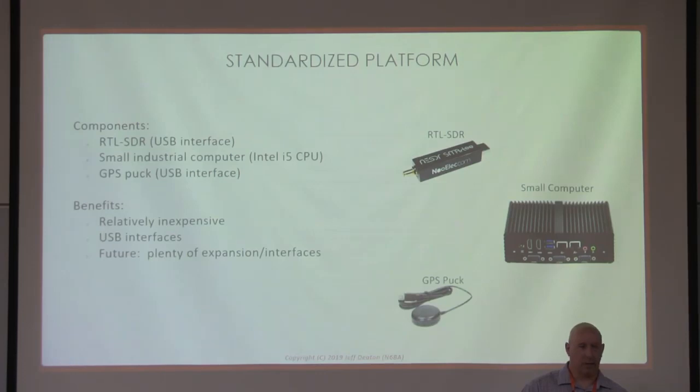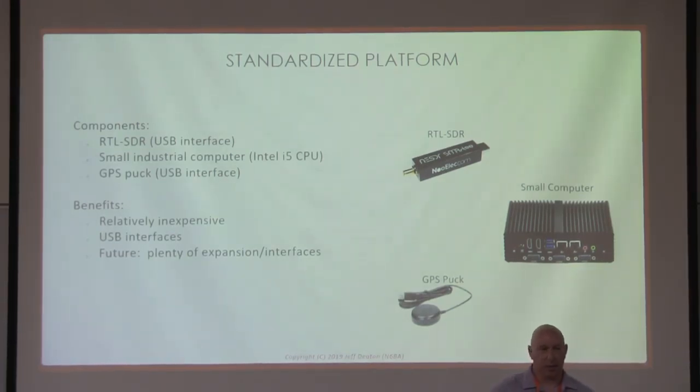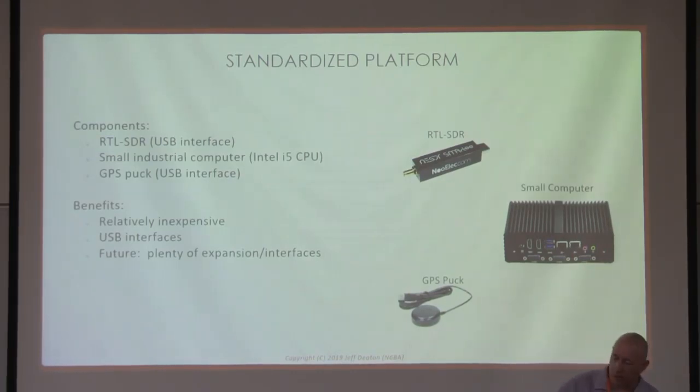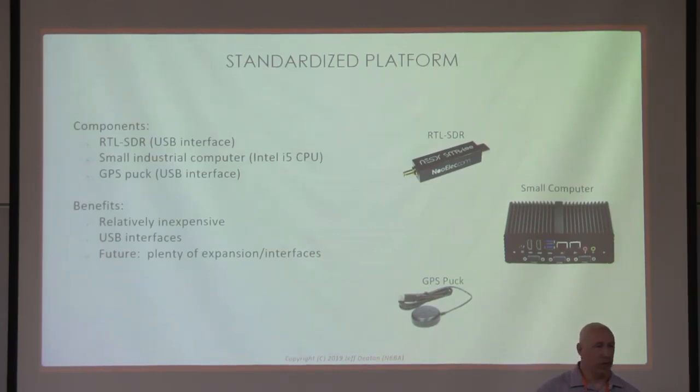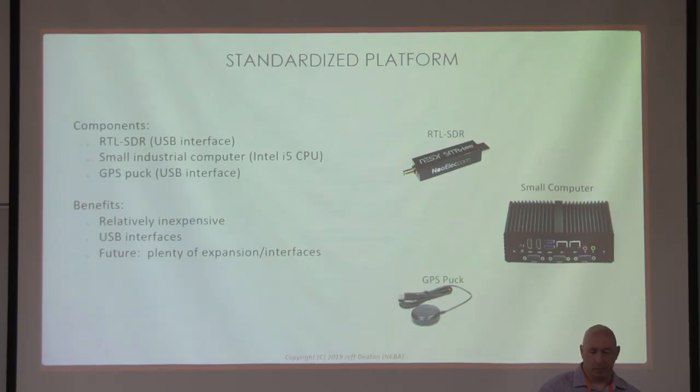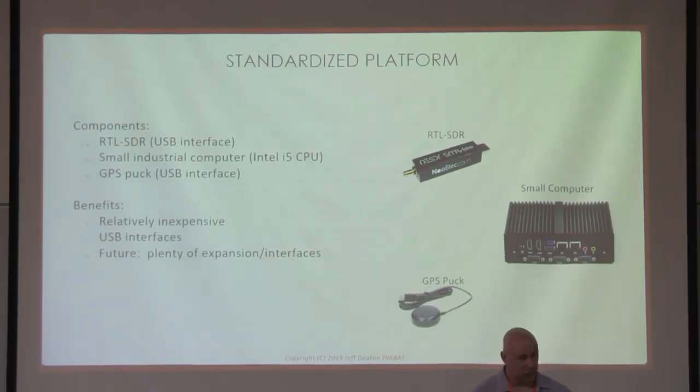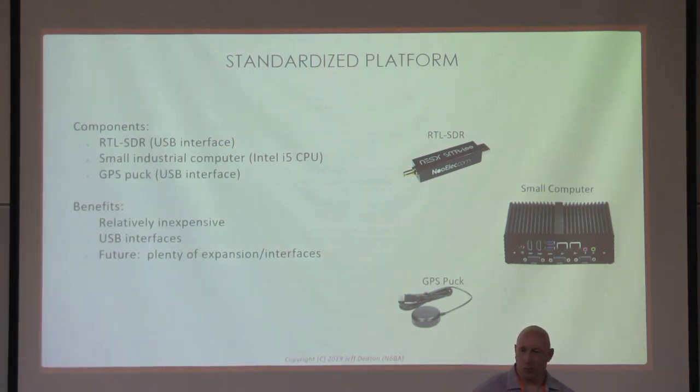We did test this out ahead of time to try to get something that would hopefully accommodate at least half a dozen APRS frequencies at once. And we just picked a cheaper GPS puck. But selecting that set of hardware obviously eliminates a lot of the permutations that we have to accommodate in the field. It's relatively expensive, and as you can see, there are lots of expansion ports on this thing, so if we come up with some new ideas and new uses in the future, you've got somewhere to plug it in.